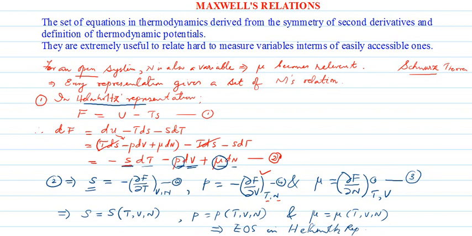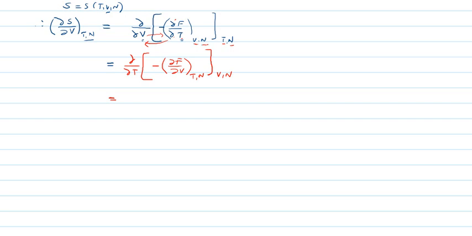So I can substitute this as P, so it is equal to ∂/∂T of pressure, and I can take back the V, N. So it's ∂P/∂T at V, N. The natural variables are T, V, N, so here also T, V and N are coming, always verified.